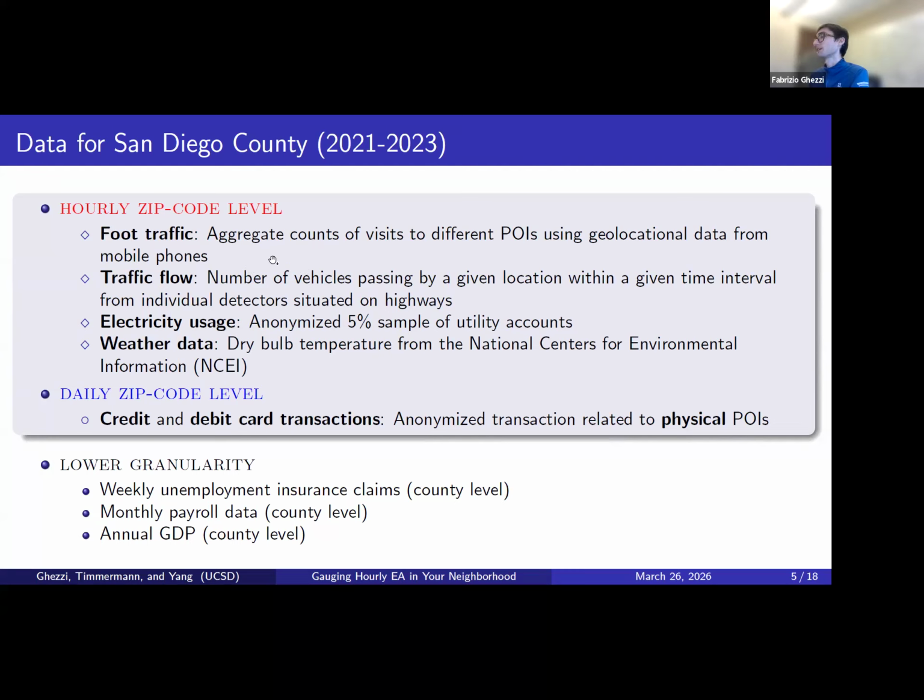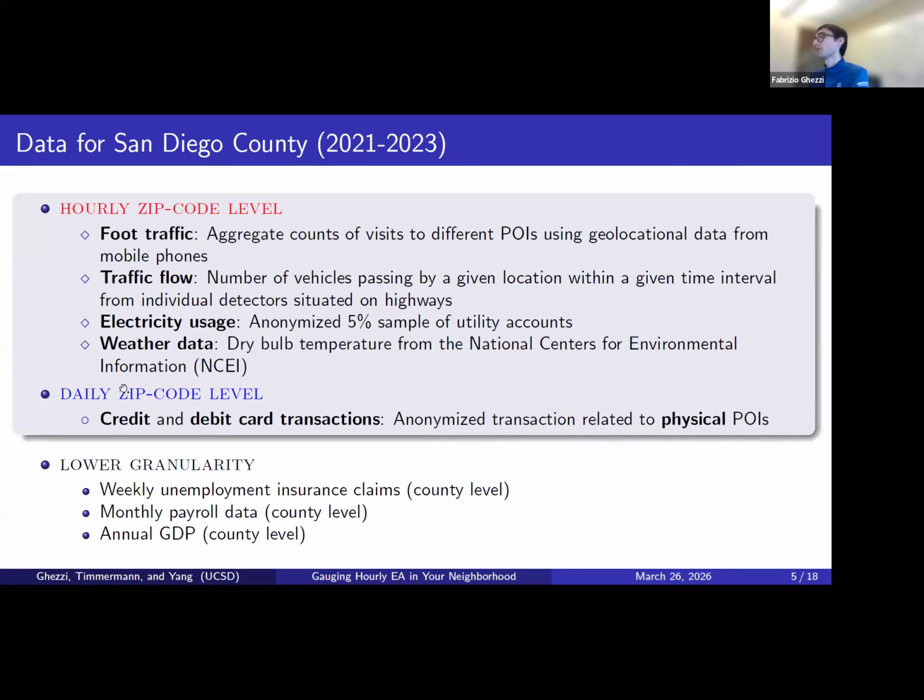You can think of it as proxying, for a local mall, how many people in a given hour of a given day were visiting that mall. For example, how many people were at Costco between 1 p.m. and 2 p.m. on March 25, 2026. Then traffic flows does the same for car vehicle traffic. Then we have electricity usage and temperature data, at hourly zip code level.